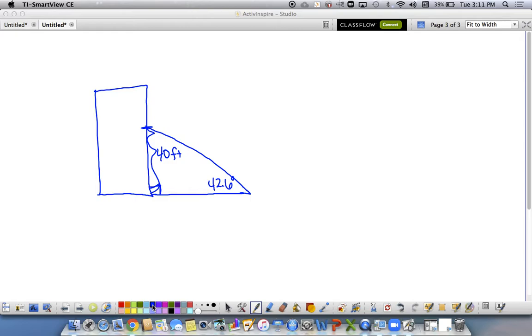So this person is standing or sitting on a park bench right here. The big question is, what are they asking for? How far is the person from the balcony? They are asking for the hypotenuse.